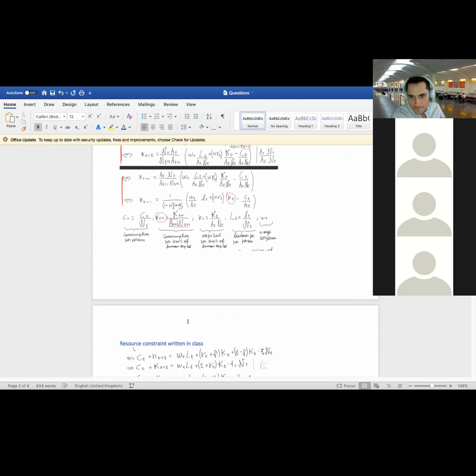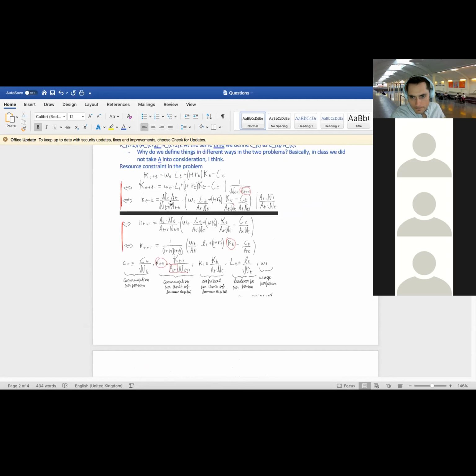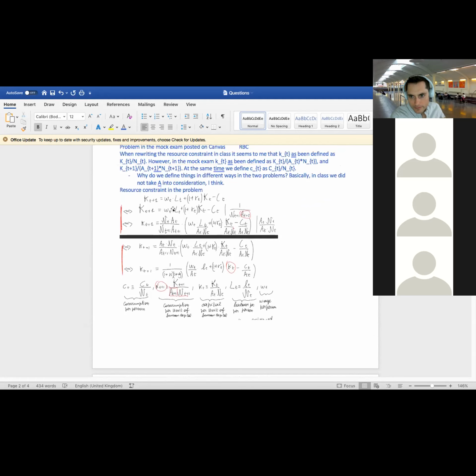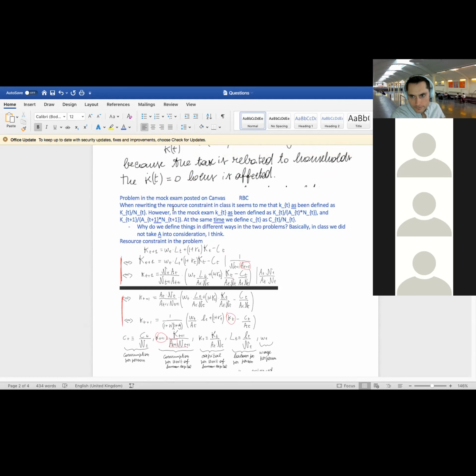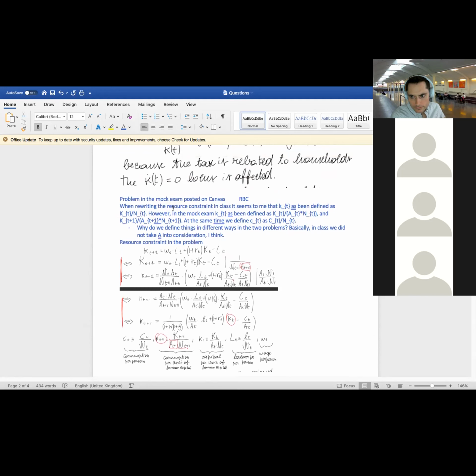But in the mock exam, we have also A. So why is there this difference? Do we have to consider A or not when we rewrite this budget constraint?